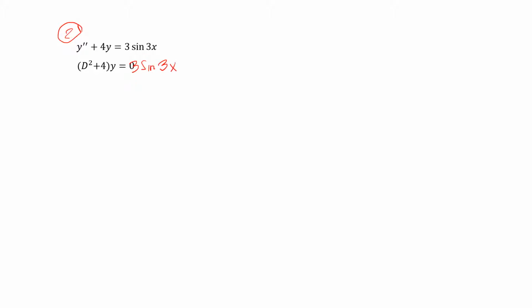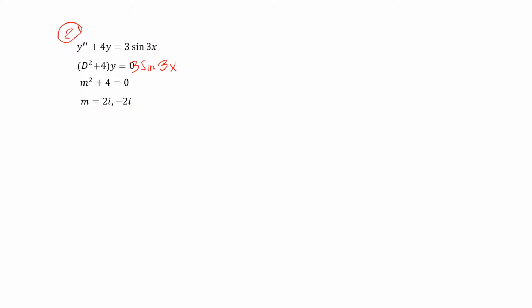Then get the auxiliary equation of the equivalent homogeneous equation. So that gives you what? m squared plus 4 is 0. Of course, you solve for m squared plus 4 here. The roots are 2i and negative 2i.